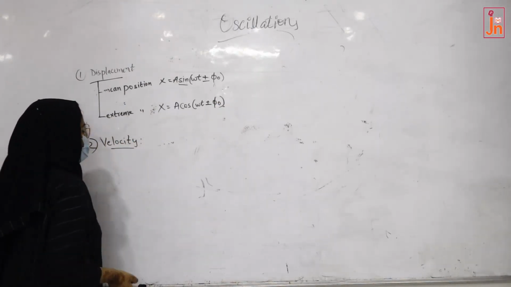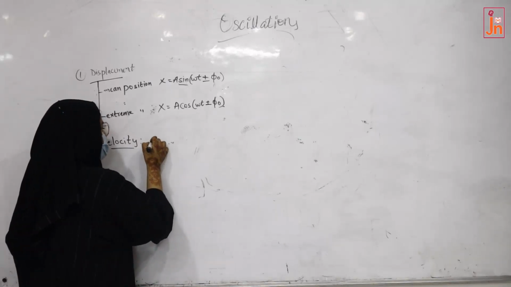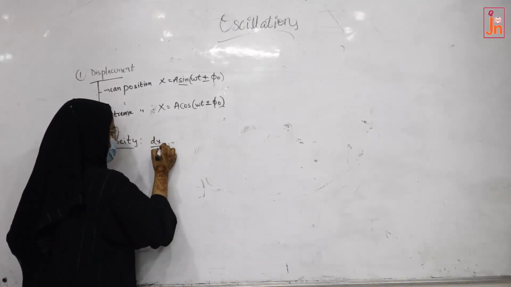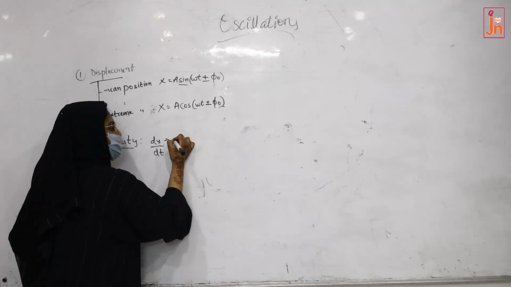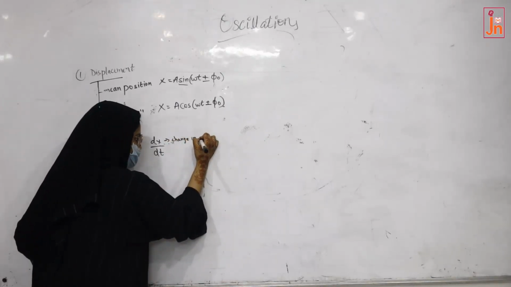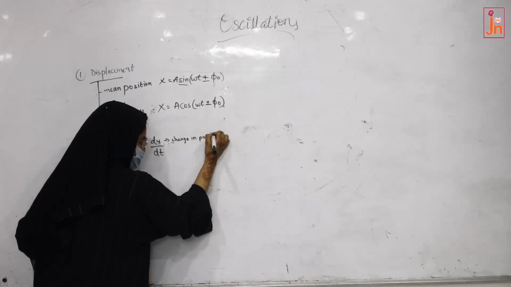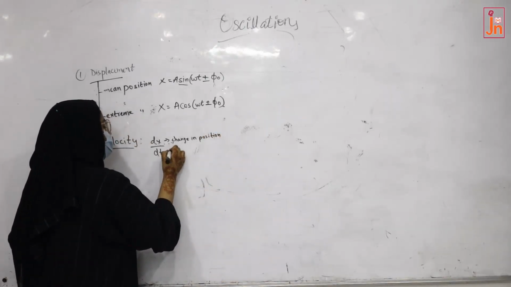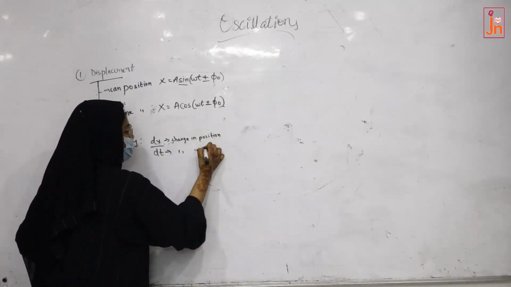As we know, the formula for velocity is dx by dt, where dx represents the change in position and dt represents the change in time.